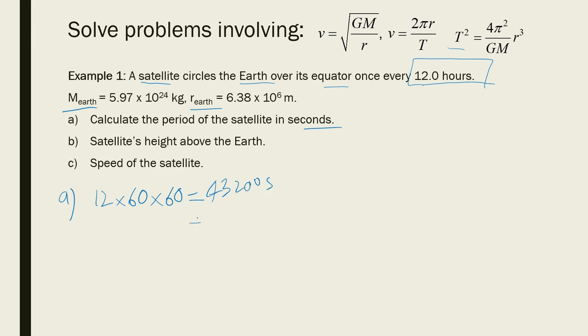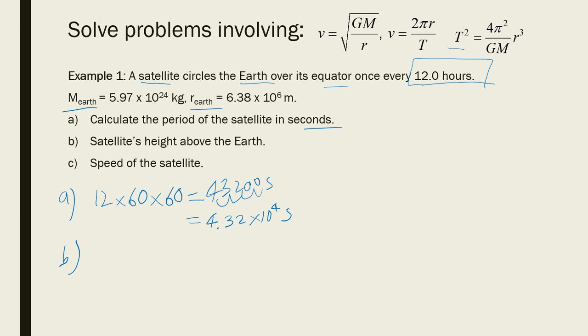And we want to start getting in the habit of writing things to 3 significant figures in scientific notation. So we move the decimal place once, twice, 3, 4 times. So it'll be 4.32 times 10 to the 4 seconds. A lot of seconds.